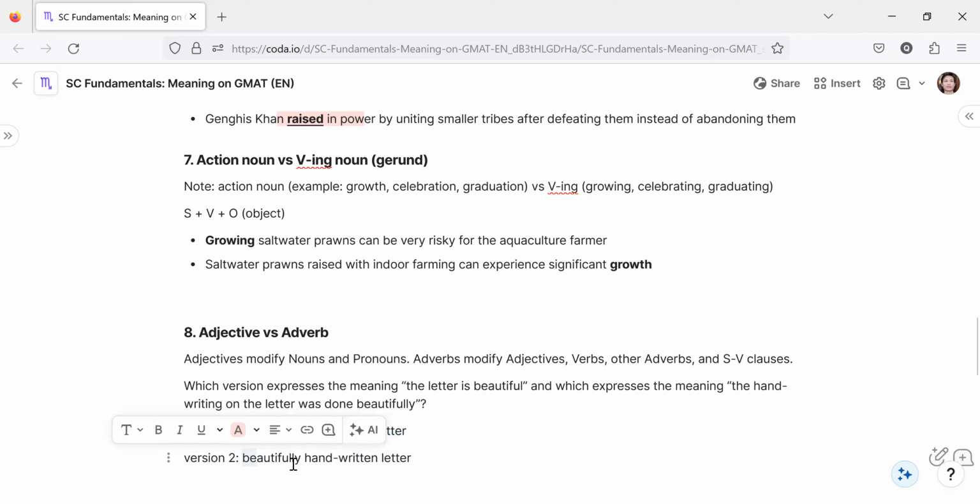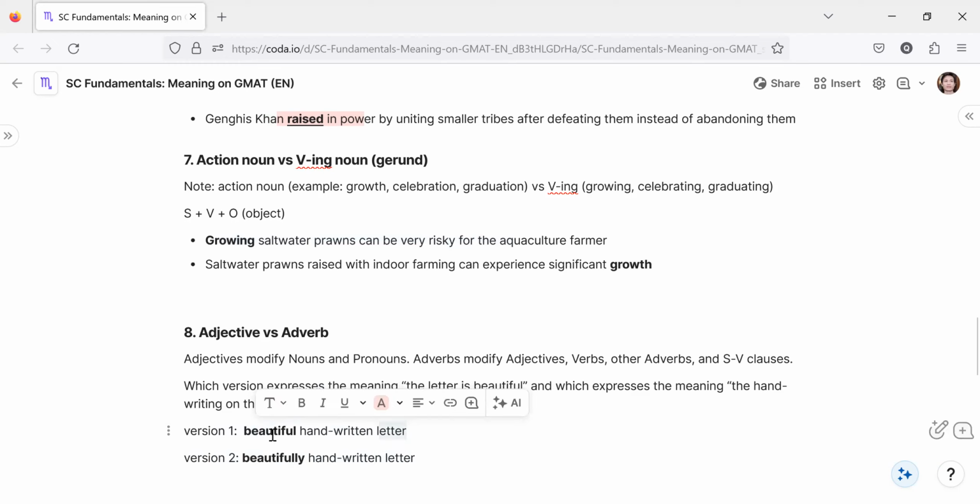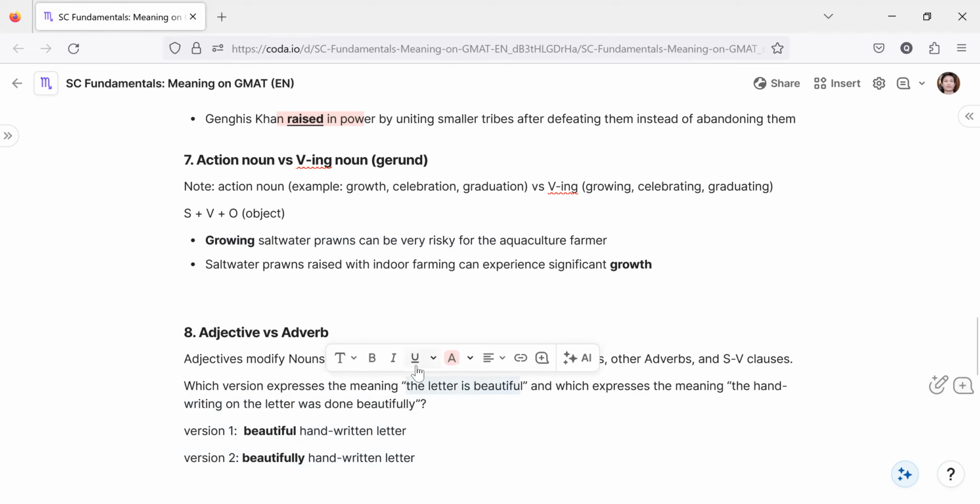But in the second version, beautifully is an adverb, so it cannot modify the noun letter anymore. It's got to modify an adjective or something that acts as an adjective, and that is handwritten. So you can see that in the first version, it is the letter that is beautiful.